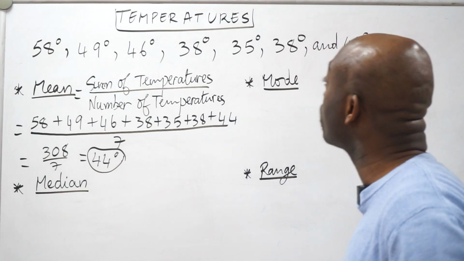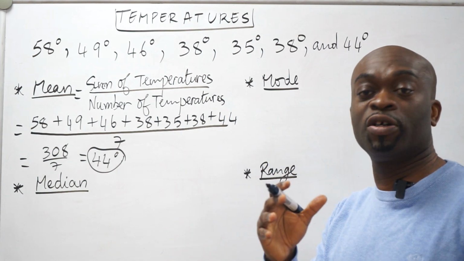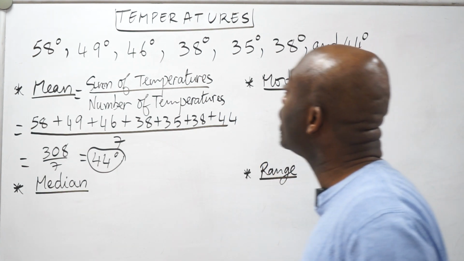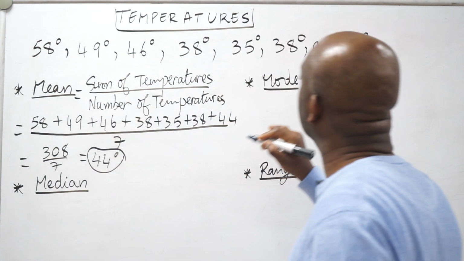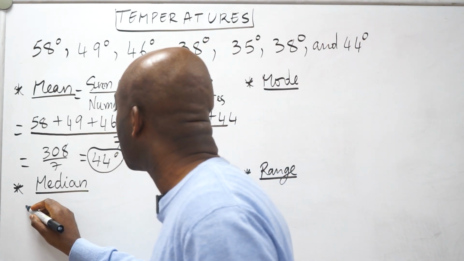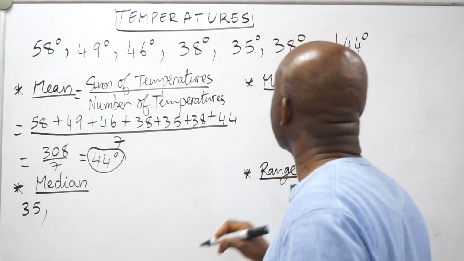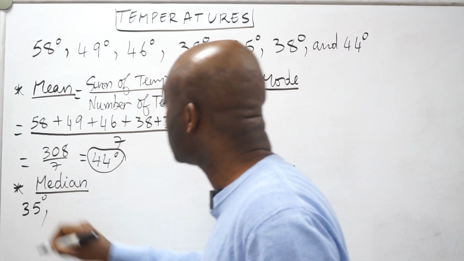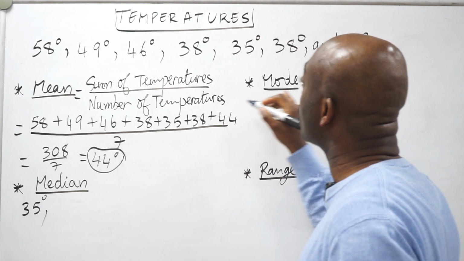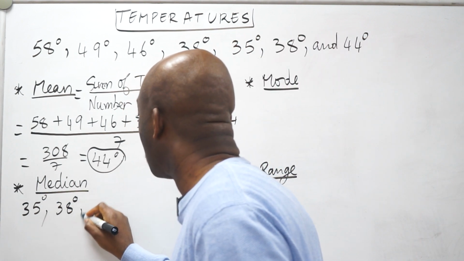Let's put it in order. It doesn't matter whether it goes from the lowest to the largest or from the largest to the lowest. Let's go from the lowest to the largest. 35 is the lowest one here. What's the next one? The next one is 38, and we have 38 twice.